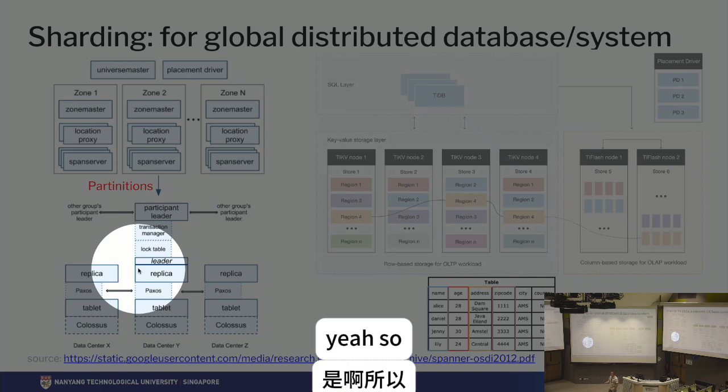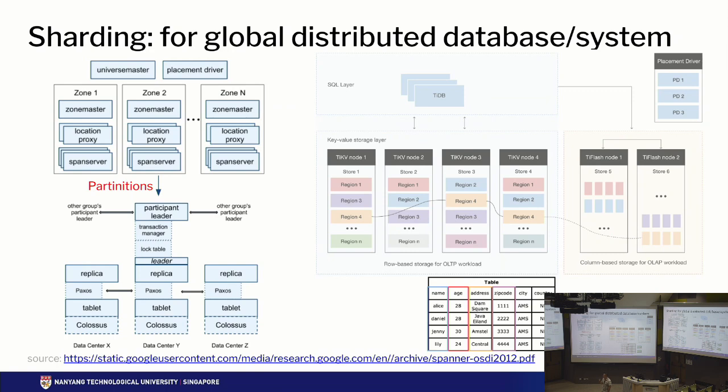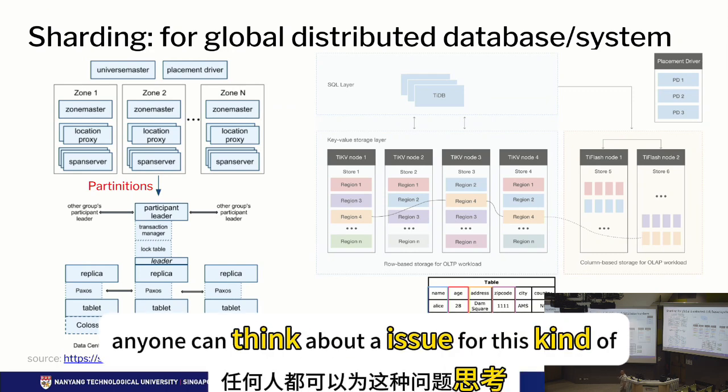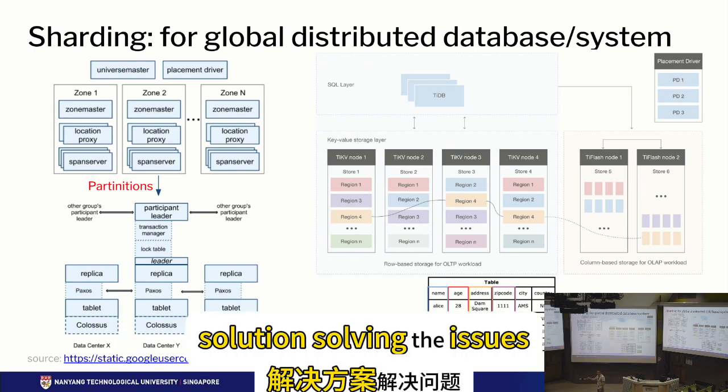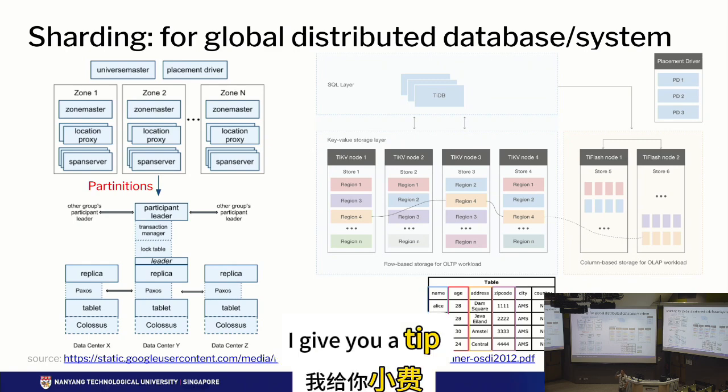So what will be the issue for this? With this architecture, it seems revolutionary. Can anyone think of an issue with this kind of solution? Anyone? No? Any idea? I'll give you a tip.